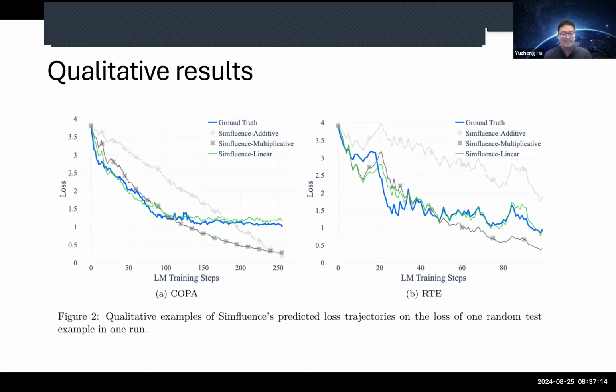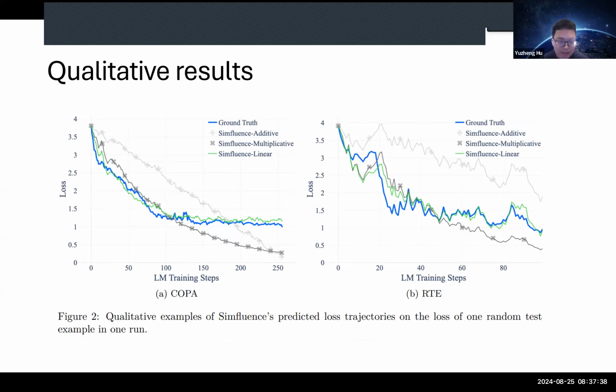So we also have some qualitative results, just to give you some sense of how well the Simfluence framework actually performs in practice. The blue one is the ground truth line, and the green one is obtained by the most powerful Simfluence linear.